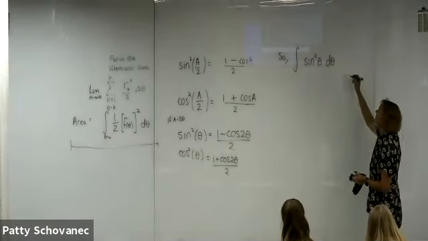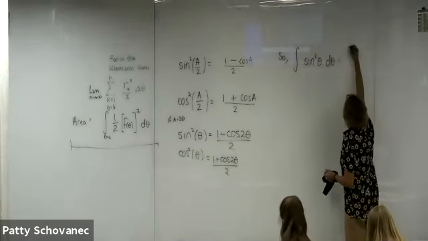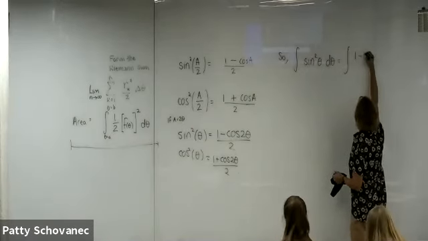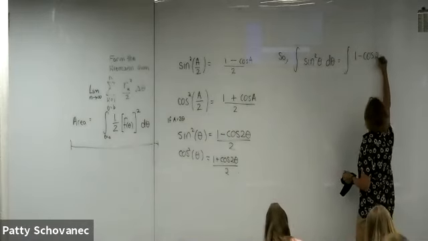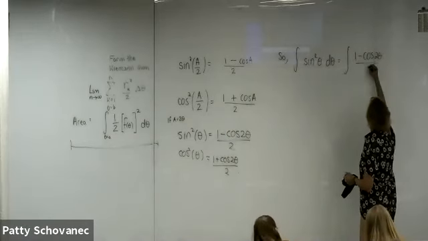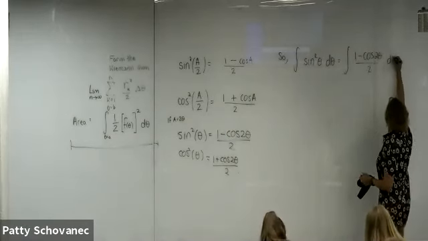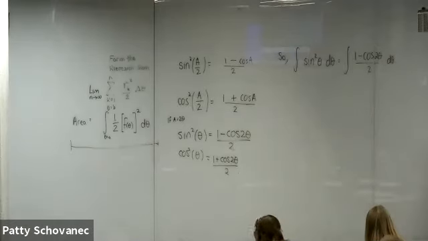I integrate sine squared, replacing it with the expression 1 minus cosine of twice the angle over 2, d theta. I'm going to pull out the 1/2 way out front and then integrate term by term.